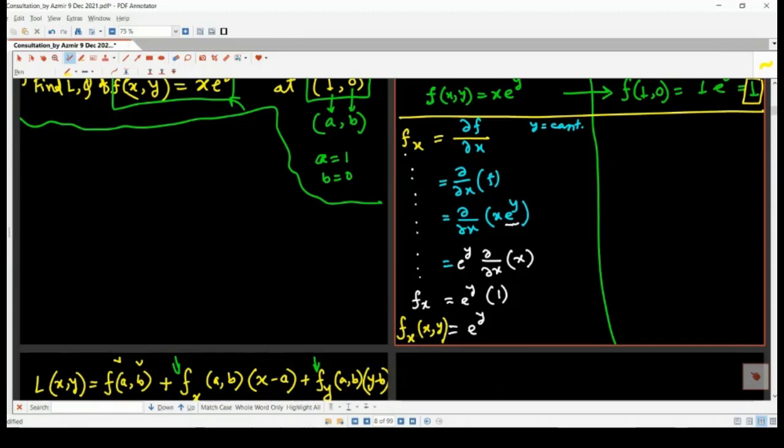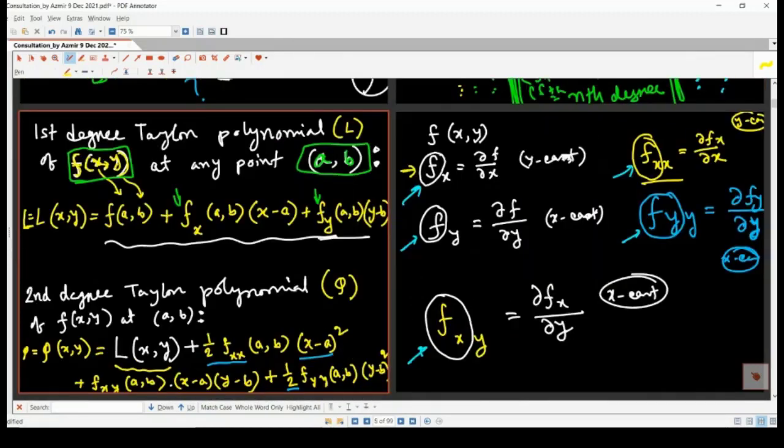This is the short form of f sub x, x comma y. Where you have the short form, always remember that you have x comma y there.